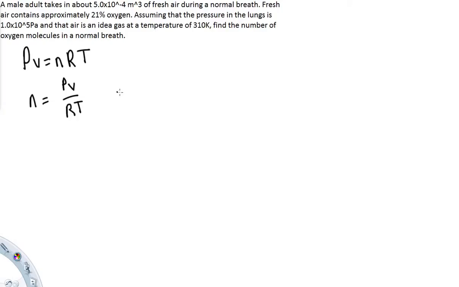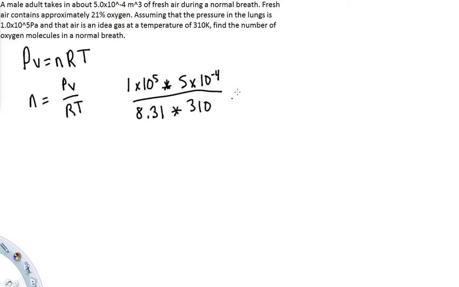So for the pressure, it is going to be 1 times 10 to the 5th, multiply that by the volume that we are given, which is 5 times 10 to the negative 4, and divide that by the gas constant, R, which is 8.31, times the temperature that we are given, which is 310 Kelvin.